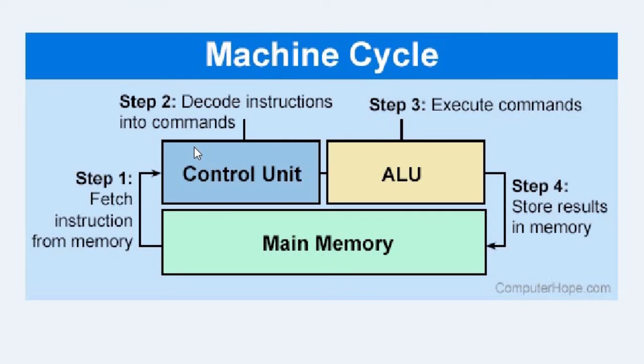It will analyze every possible route, every possible way to achieve that thing, and execute the commands. Then the result will be stored in the memory. Another unit that will be discussed soon will step in, pick that result and display it on the screen or on paper. So we are still going there.